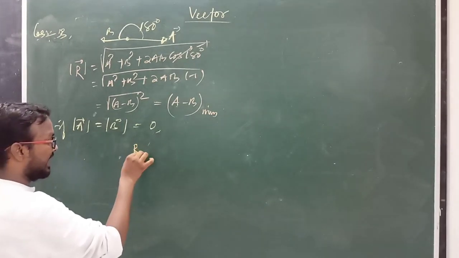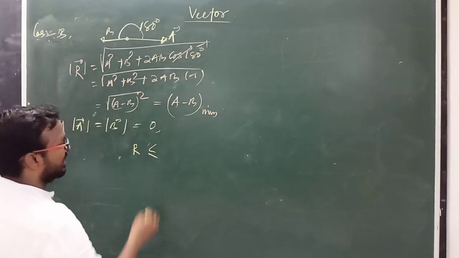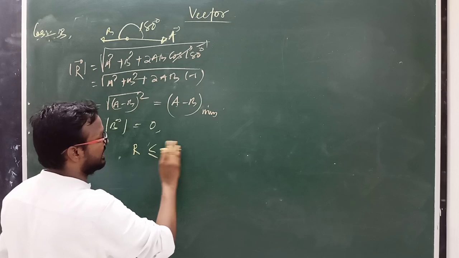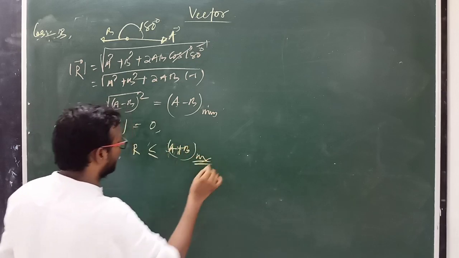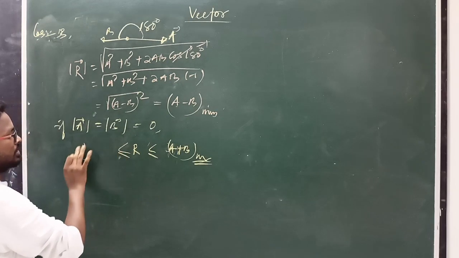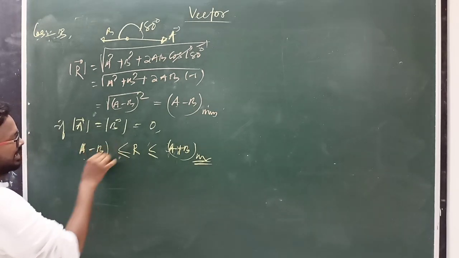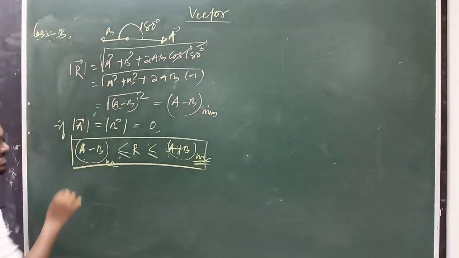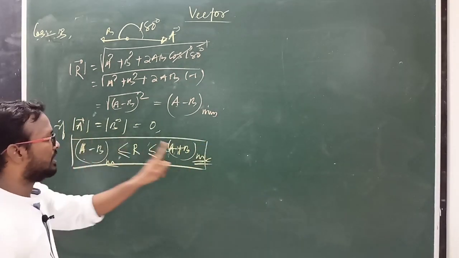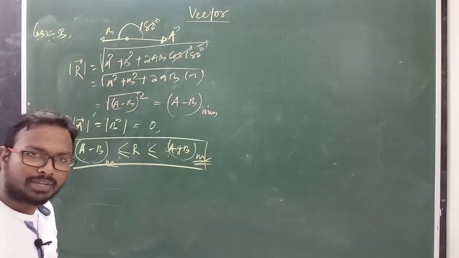The maximum value is R equals A plus B, and the minimum value is A minus B. Clear? The resultant varies from minimum value to maximum value.